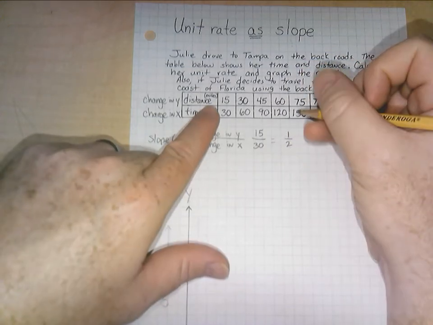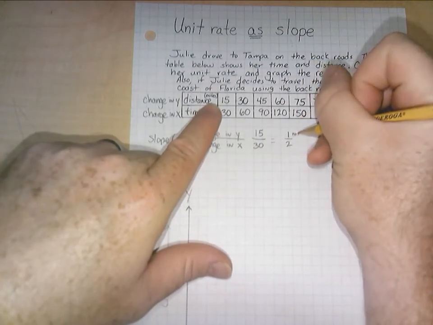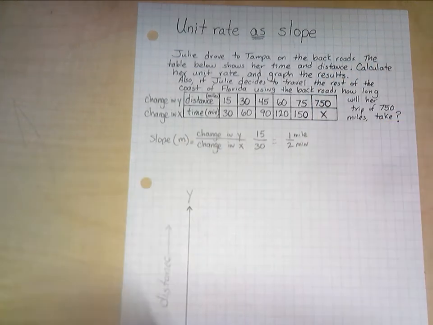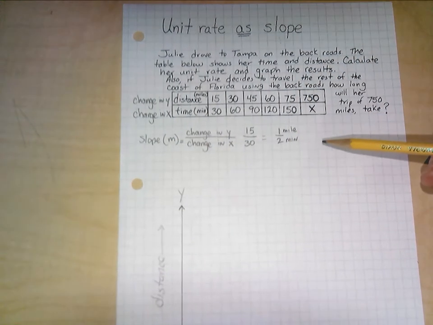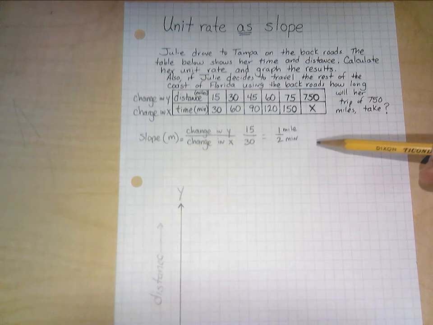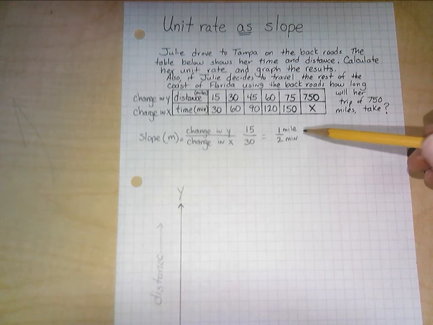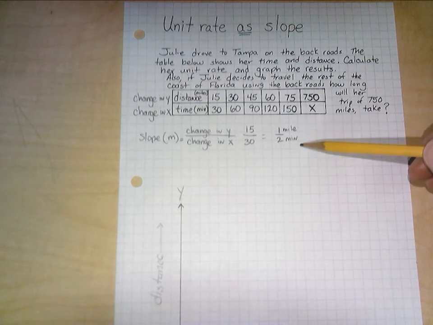So basically it means it's 1 mile in 2 minutes. Now this is a rate, but it's not considered unit rate yet. Most people are not going to say, I'm going to go 2 minutes in a mile. That doesn't make a lot of sense. You're going to say, I'm going to go 1 mile in 2 minutes.